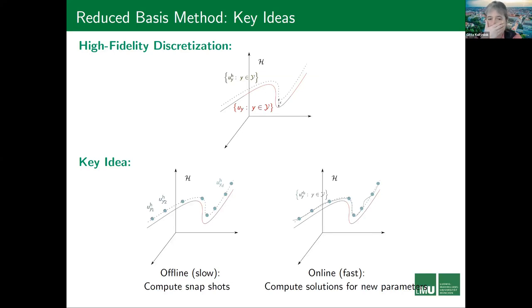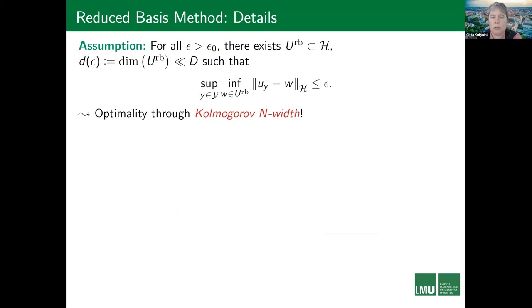And you see, there's a certain correspondence also to learning type methods, because for learning type methods you will also need some training data. You could even view this as some sort of training data. So let's look at the details of this reduced basis method, because some of these components will appear in a moment.